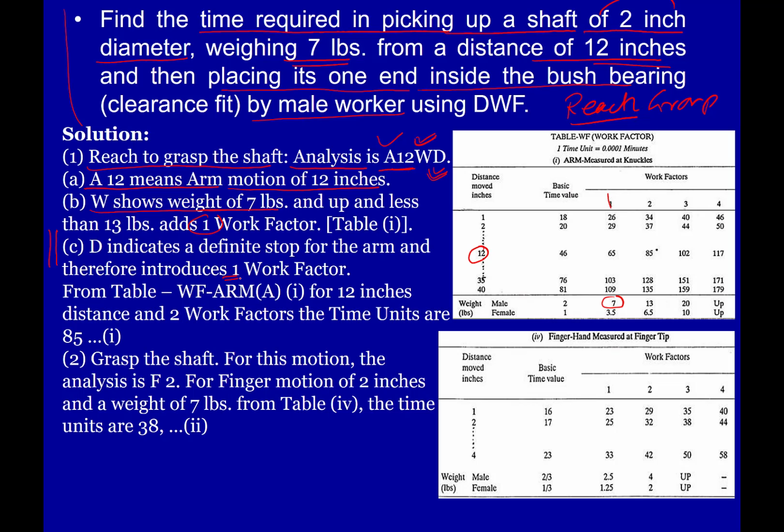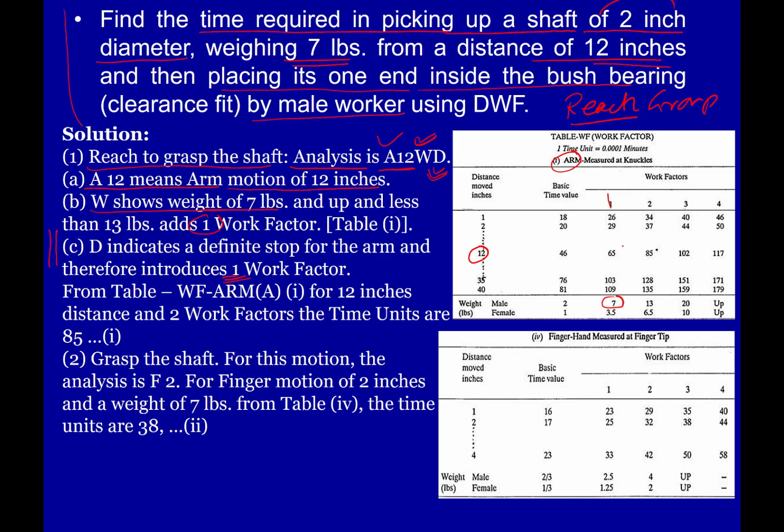So with respect to the distance and the weight, for this arm the work factor is 1, but when the controlled motion is involved, that is the definite stop at the shaft, it leads to one more work factor.